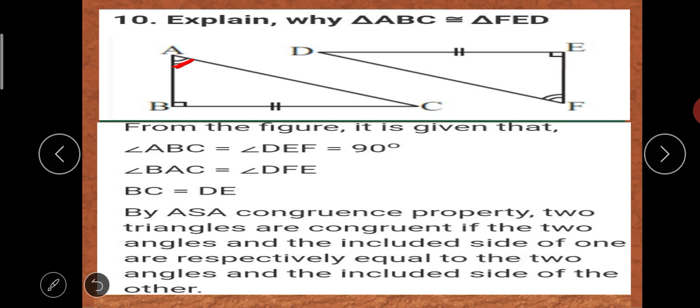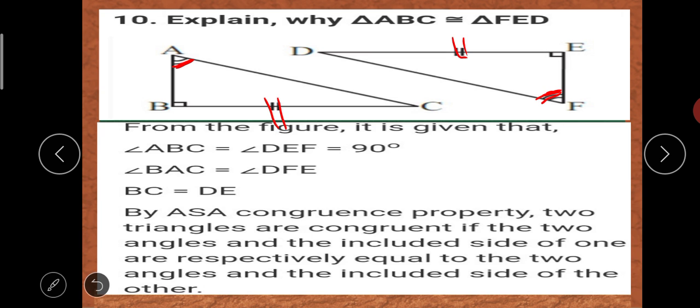They show one congruency. In the same way we get the sides, that is BC here and DE.